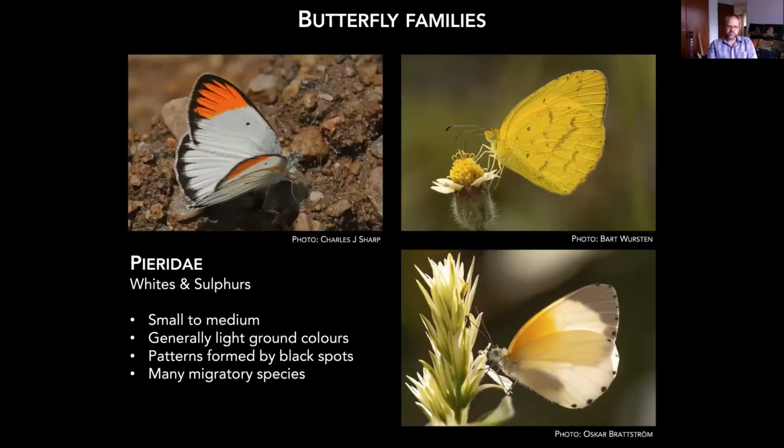Another group is the Pierids, or the whites and sulfurs. These are small to medium-sized butterflies, and generally, but not always, the ground color of the wings is quite light, white or yellow. The pattern is often formed by black spots, but sometimes with red and yellow patterns as well. And many of these butterflies are highly migratory. So yes, just like birds, they will move and migrate.